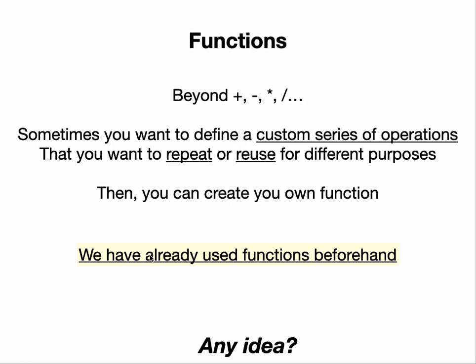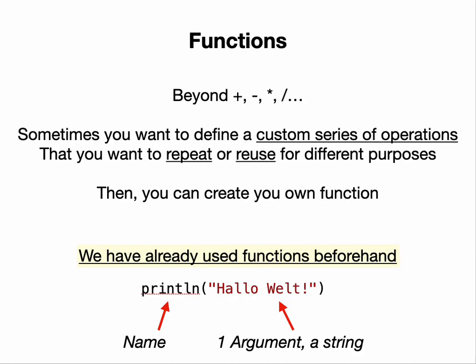Talking about functions, of course, during the first lectures we have been using functions, and you may have noticed some of them before. The first thing we did already in the first lecture, we have used the function println. This is what can be used to print information to standard output.